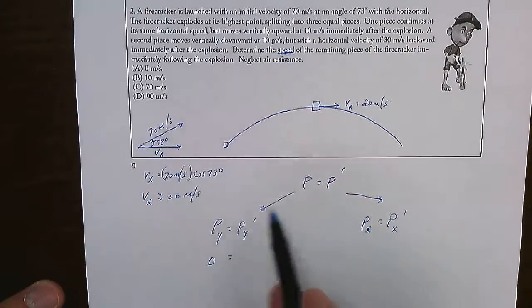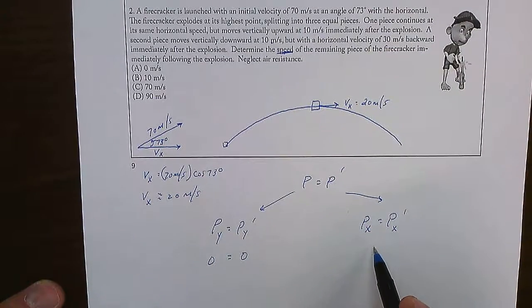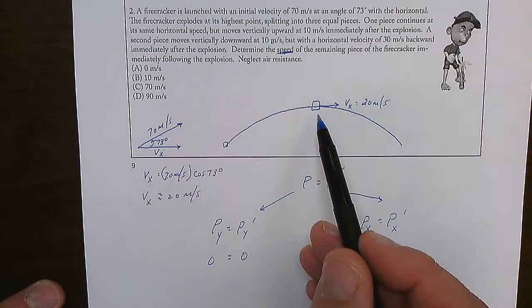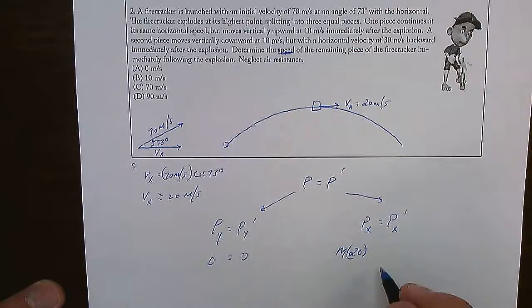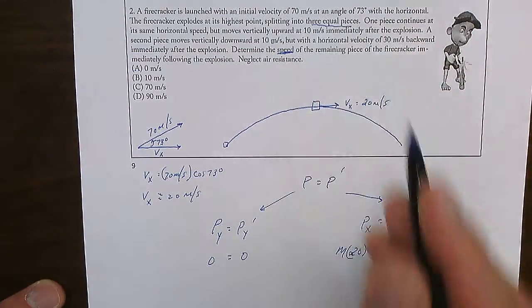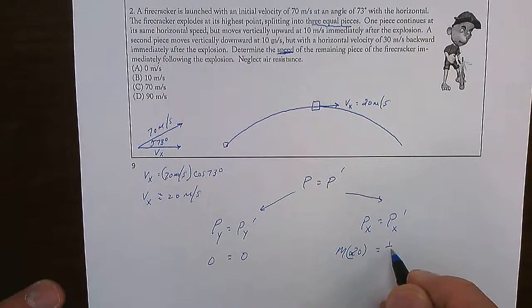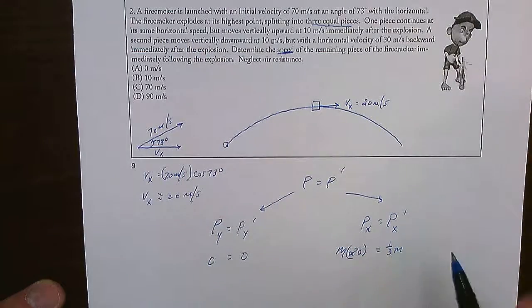So since we know the y is already taken care of, then we've got to work with the x. So what's the x momentum of the system before the explosion? Well, it's the mass of that firecracker times its velocity, which is 20. Now, what about after the collision? Well, it breaks into 3 equal pieces, which means each has a mass of 1/3 m, and the first one keeps its original speed, same horizontal speed.